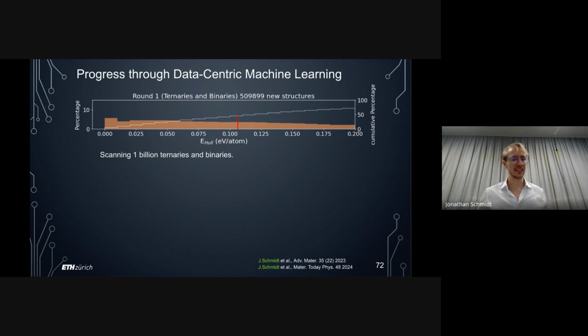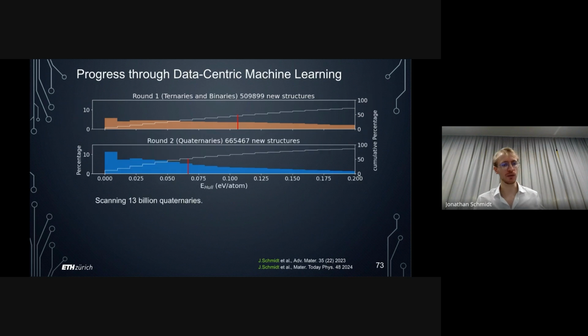Now, the good thing is this was now data that was properly distributed across the prototype space and the periodic table. And so retraining on this additional data, we were able to go down to around 70 milli-electron-volt per atom and do another 13 billion predictions.